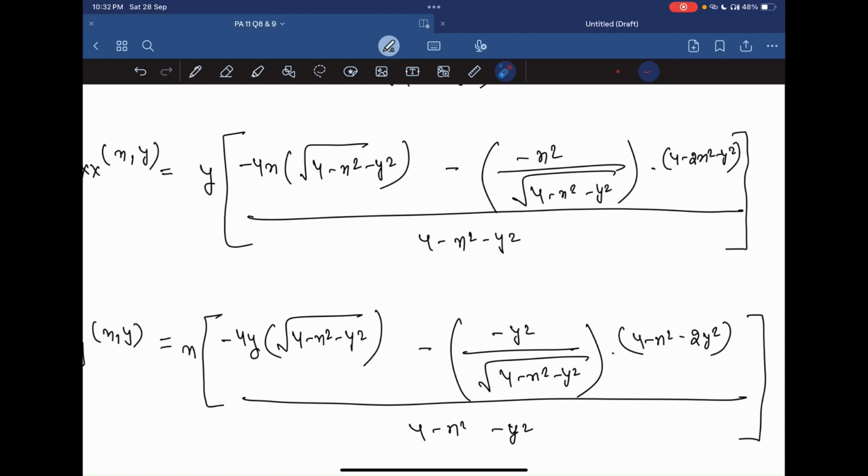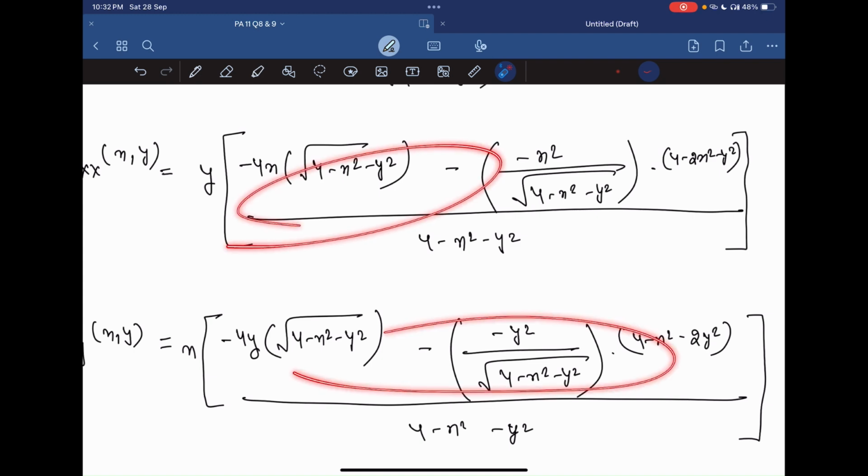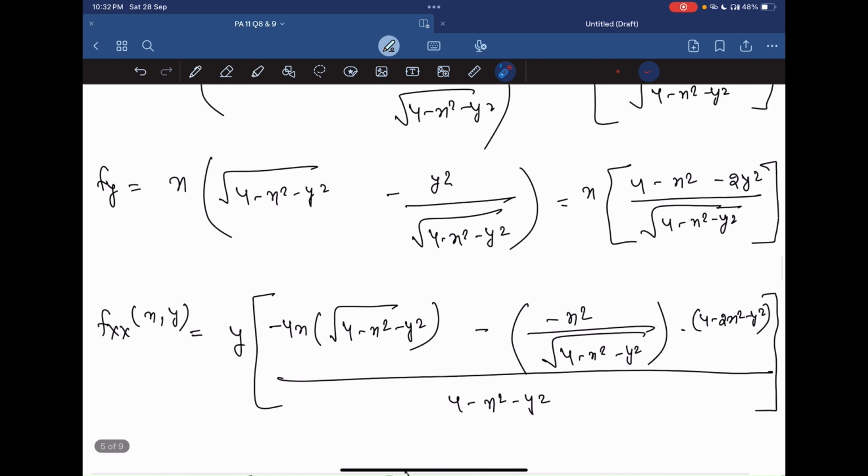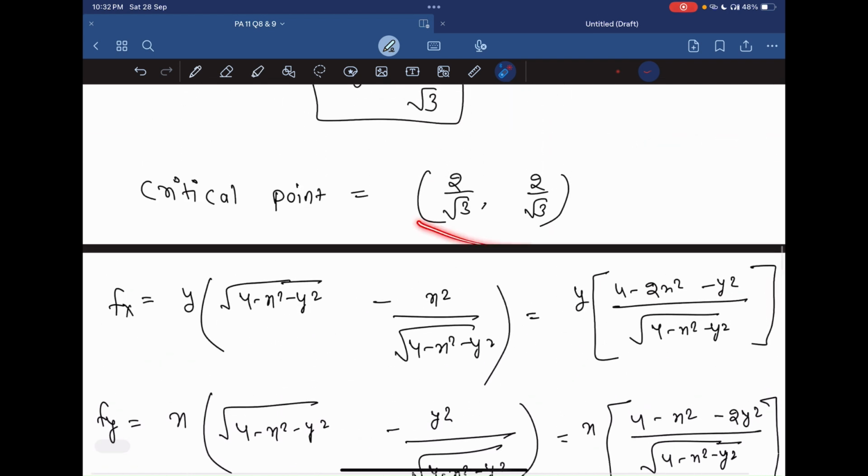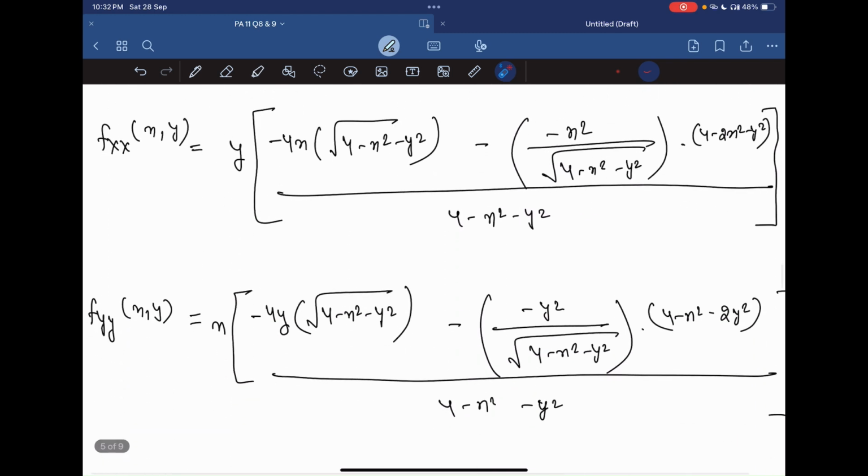So mostly the fxx and fyy are the same, and as we will be checking it at the critical point 2 by root 3 comma 2 by root 3, as x and y values are the same, the value of fxx and the value of fyy would be the same.